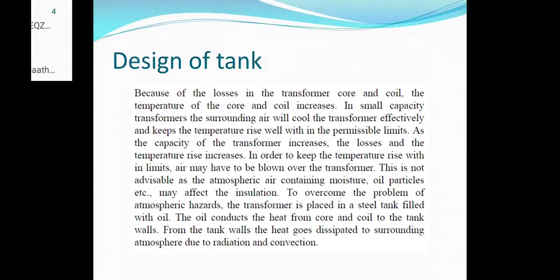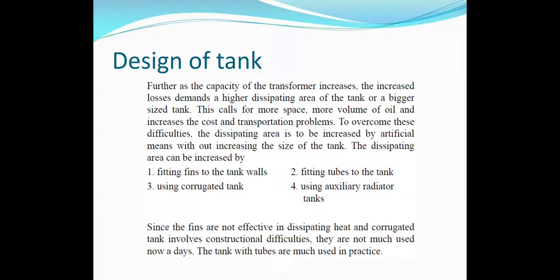From the tank walls, the heat gets dissipated to the surrounding atmosphere due to radiation and convection. Whenever the capacity of the transformer increases to a very high value, the losses also increase, and for that scenario we have to choose a bigger size tank.